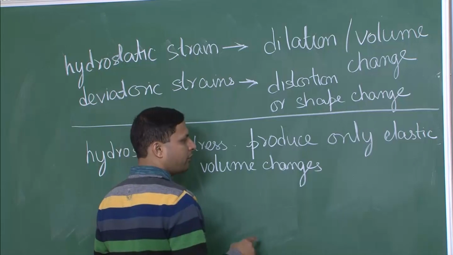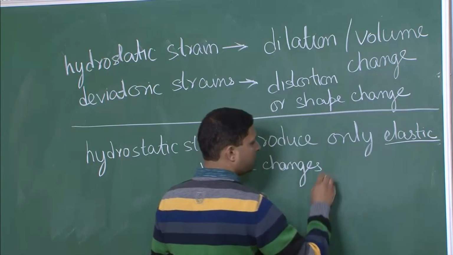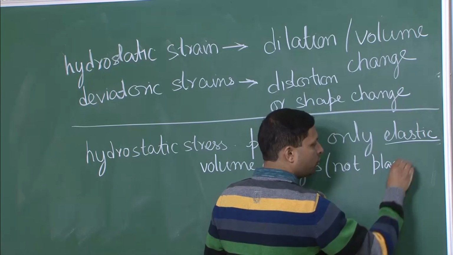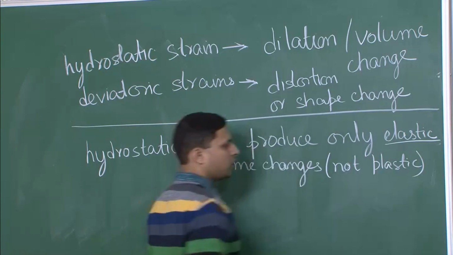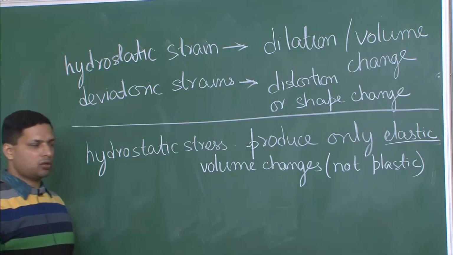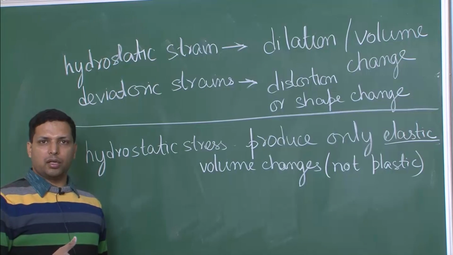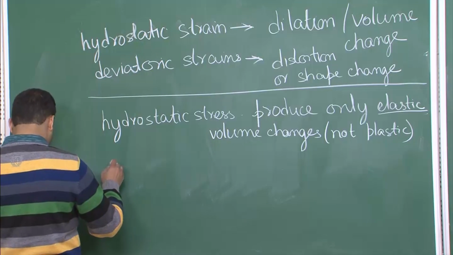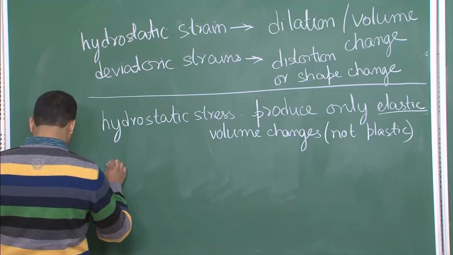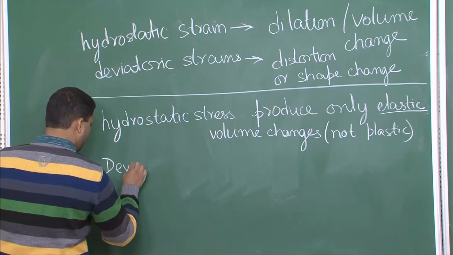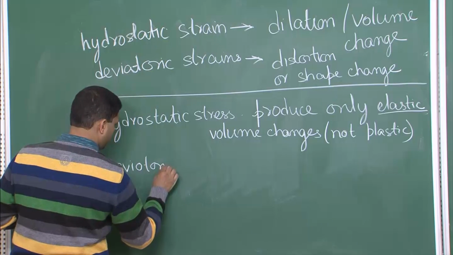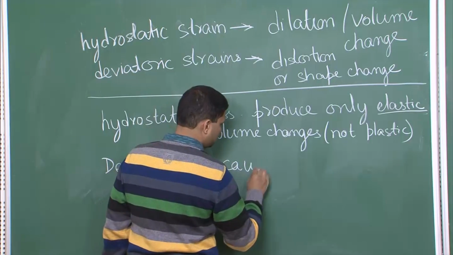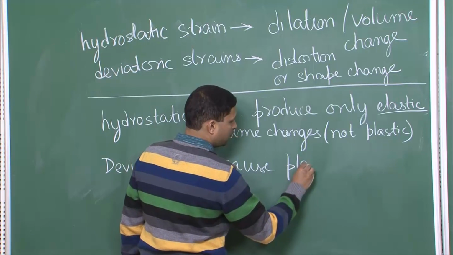We have explicitly said only elastic volume changes, not plastic. But when we are doing deformation, the deformation is plastic in nature. So, the plastic deformation that takes place must be deviatoric in nature. So, deviatoric stress causes plastic deformation.